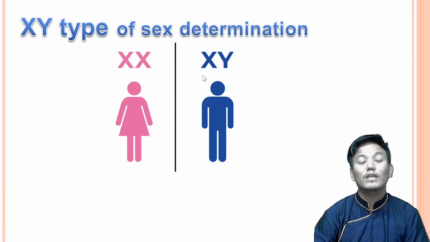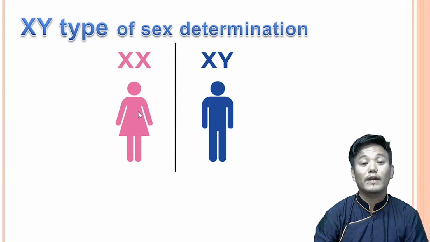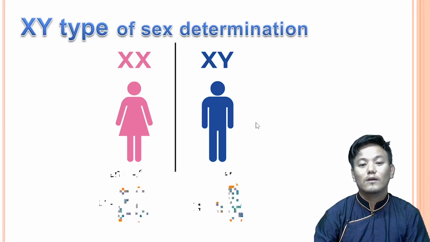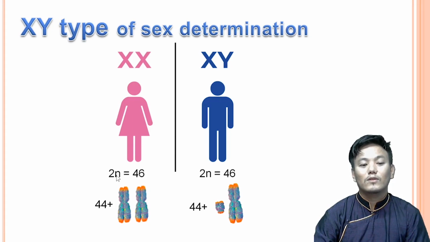Now, another example that you can think of for XY type of sex determination is human beings, that is us. In human females, we have 2 X chromosomes, and in human males, we have 1 X chromosome and 1 Y chromosome. So the total number of chromosomes will be the same, like in Drosophila.